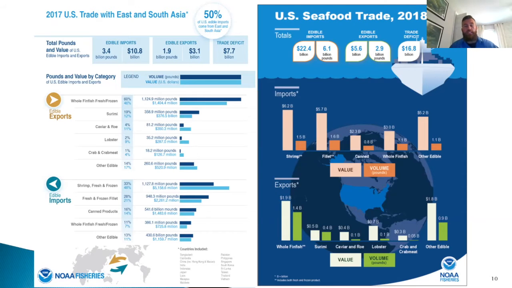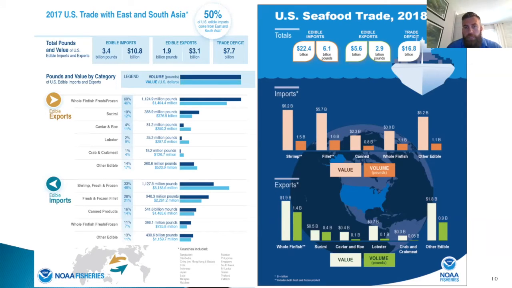You can see from 2017, it was estimated at 7.7 billion, and 2018, about 16.8 billion. I'm not sure there was a really significant difference in consumption patterns between those two years. Rather, I suspect there was some level of estimation difference at NOAA Fisheries. But still, this is helpful to get an idea of what's going on.